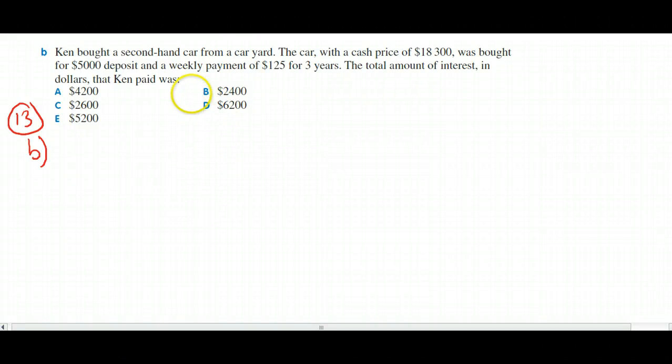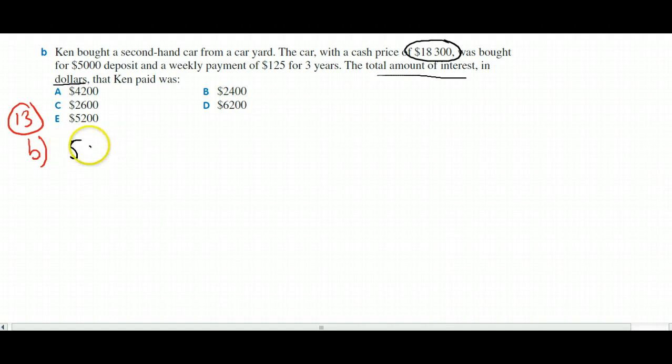Okay, this is question 13B. Ken bought a second-hand car from a car yard. The car, with a cash price of $18,300, was bought for $5,000 deposit and weekly payments of $125 for 3 years. The total amount of interest in dollars that Ken paid was... Okay, so again, this is a kind of a hire purchase scheme, you could say.